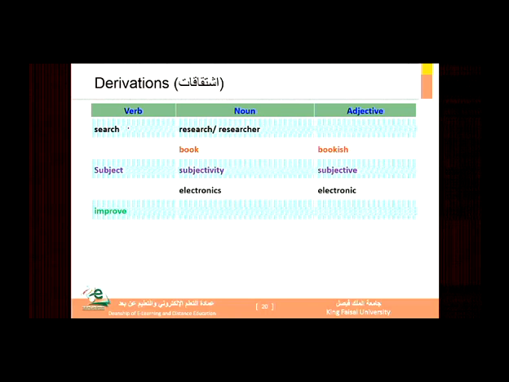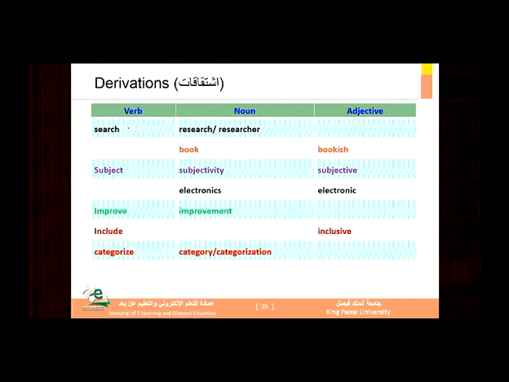So improve is the verb, improvement is the noun. The word include, which we have also seen in the article, include is the verb, and inclusive is the adjective. Categorize is the verb, and we said to make a noun you get category or categorization as well.